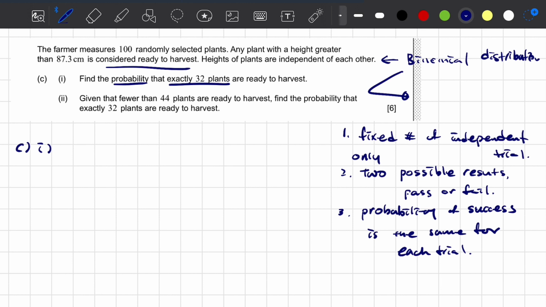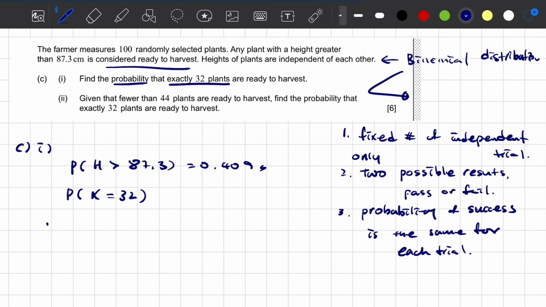So from the previous question, we know that the probability of a plant having height greater than 87.3 is equal to 0.409, right? So since we need to do the binomial distribution where the probability that x is equal to 32, x means the number of the plants that were harvested, right?